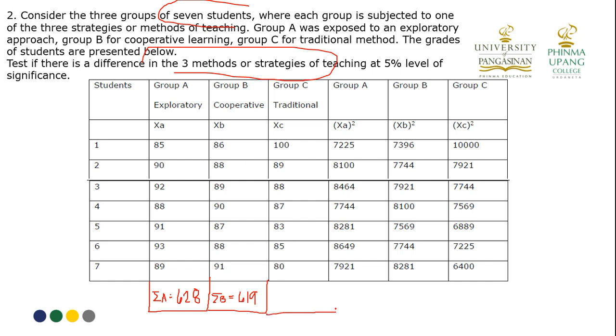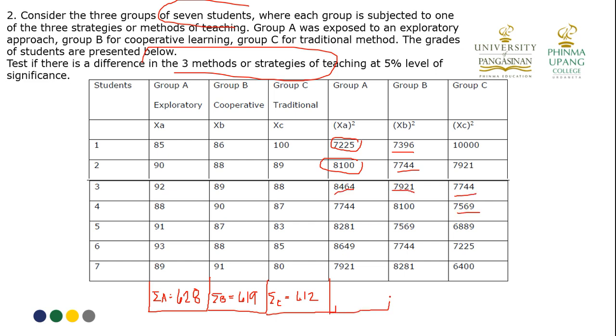Next. 612. Sir, saan po galing 7225? 85 raised to 2 or 85 times 85. Yun po yung mga sagot, ha? Ilagay na dyan para mabilis.